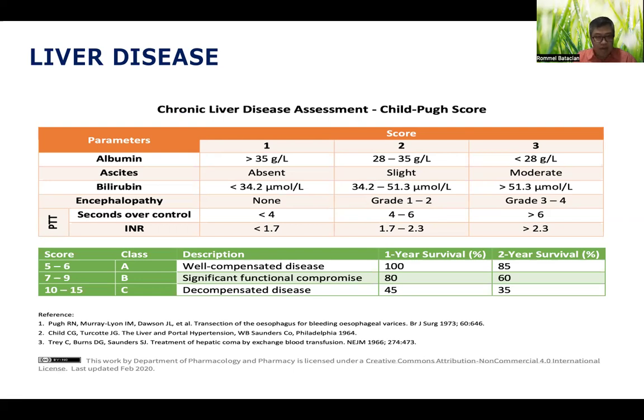There's also the INR, a measure of the blood clotting time. Serum albumin, which is, of course, the major protein produced by the liver and the major protein that binds to most, if not all, drugs. And bilirubin, which is a breakdown product of the red blood cells. So a higher Child-Pugh score indicates a more severe liver disease, and this score is crucial for determining the prognosis of chronic liver disease and guiding treatment decisions.